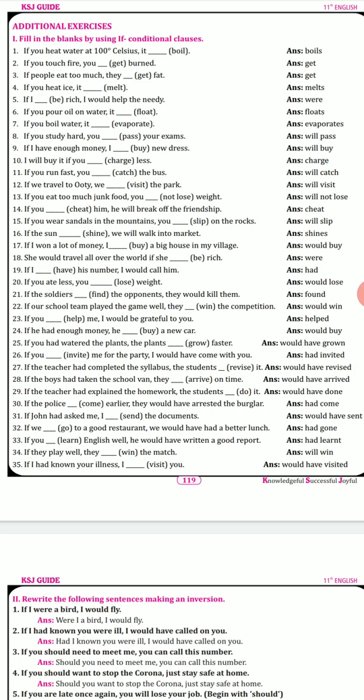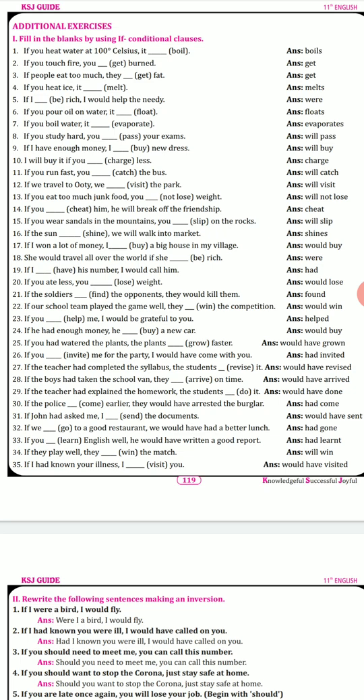If we travel to Ooty, we (visit) the park. This sentence talks about a probable or possible condition. We are given a simple present tense verb in the subordinate clause, so in the main clause we have to use simple future.